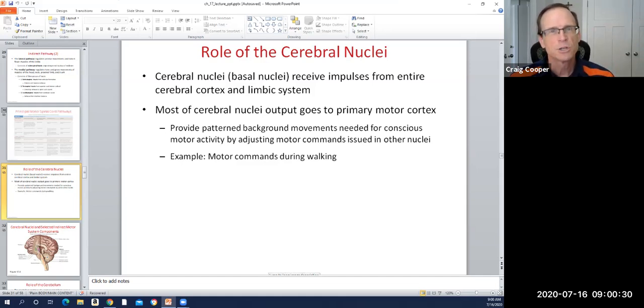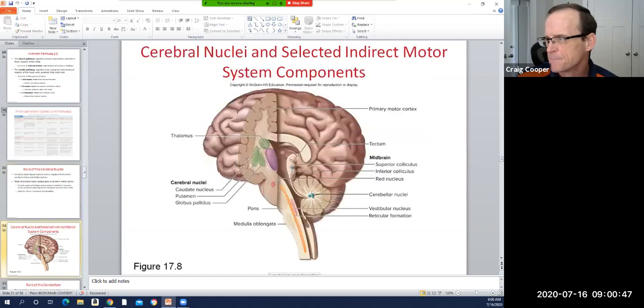So we don't just give up complete control of it, but it lets us not have to expend so much mental energy thinking about walking from point A to point B if we let these cerebral nuclei take it over. I think it's the caudate nucleus that controls that particular thing.